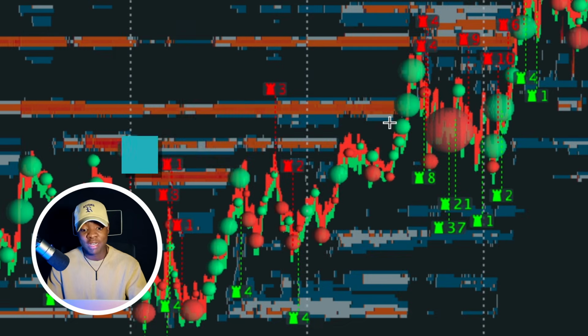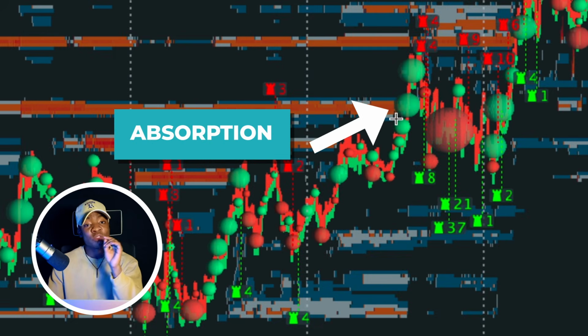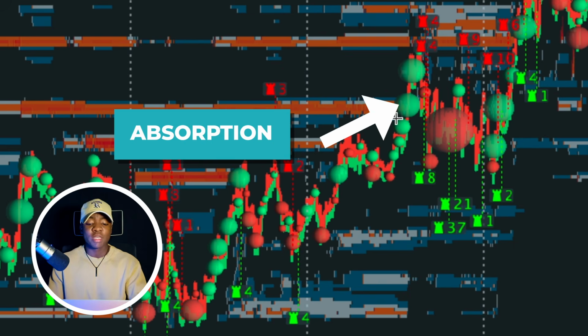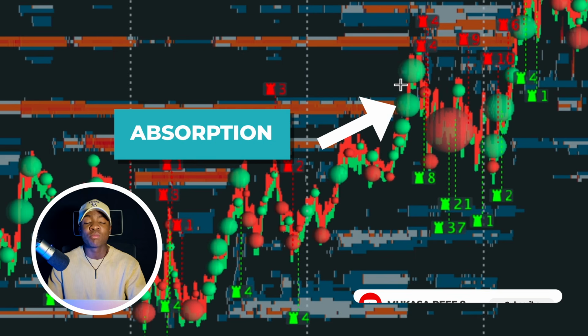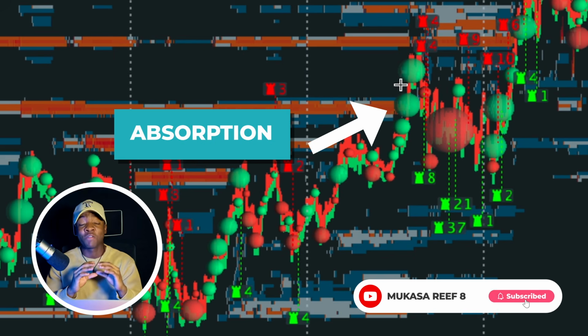Yet you can actually first wait for confirmation from all of this. As soon as this confirmation came in, it's because here we first broke through and then we waited for price to retest. But in the retest, price first stalled. It gave us absorption. As I told you, absorption is when you're seeing price stalling and defending a certain level.